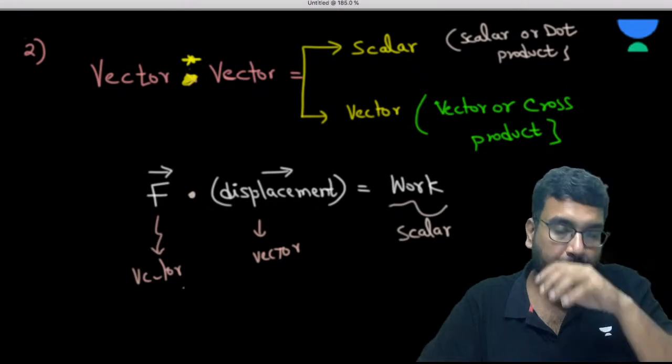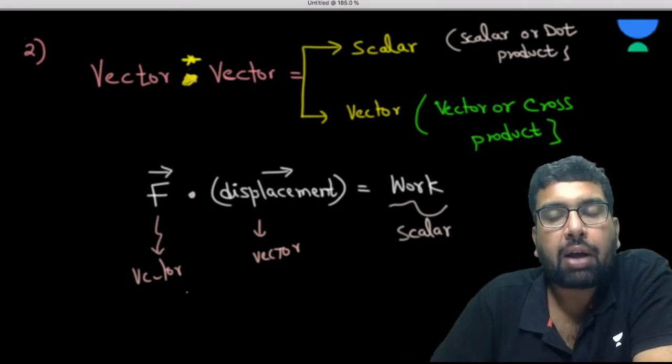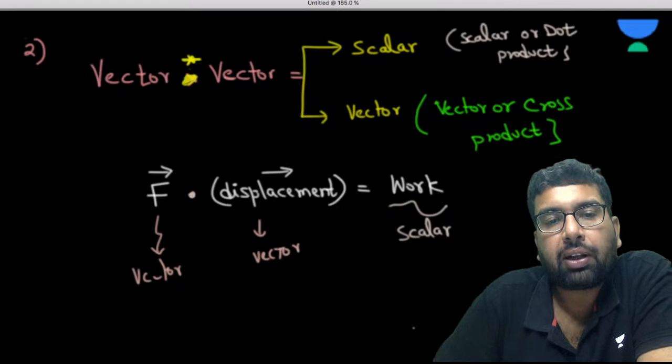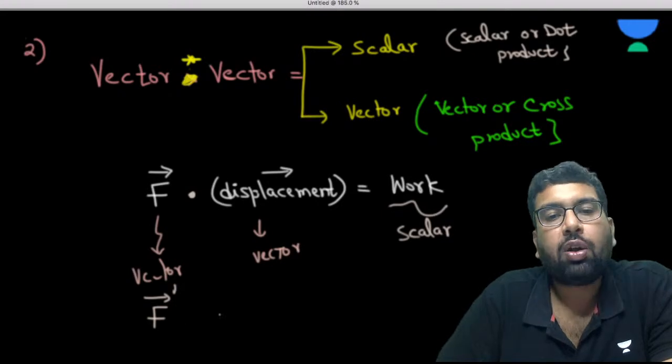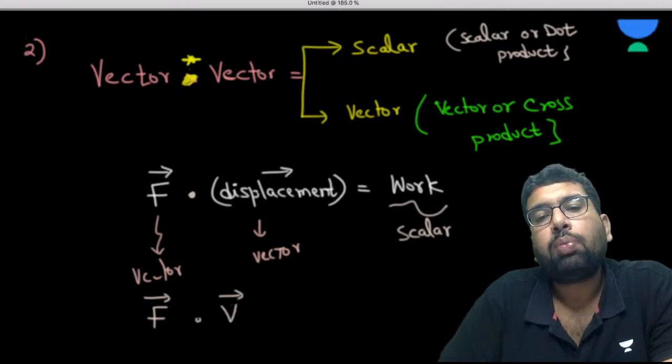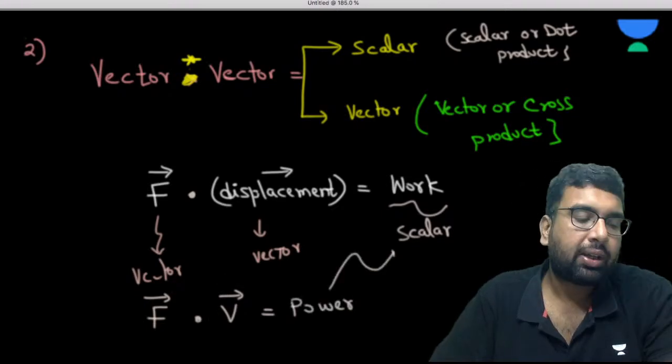Power is another example. Force is a vector obviously, and velocity is a vector. Both multiplied give us the power. Power is also a scalar quantity.